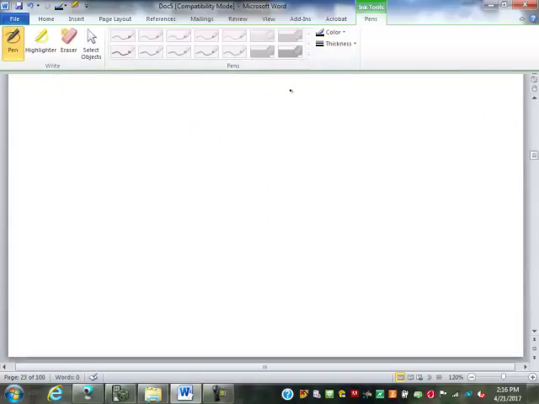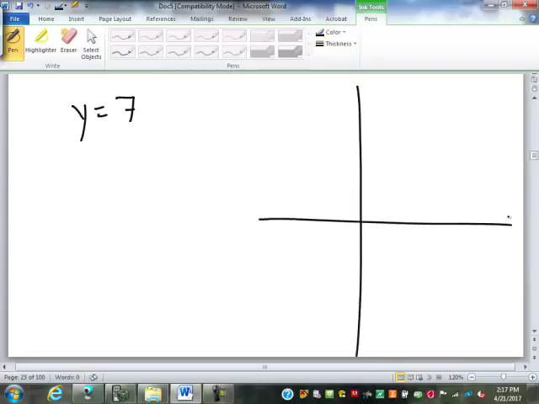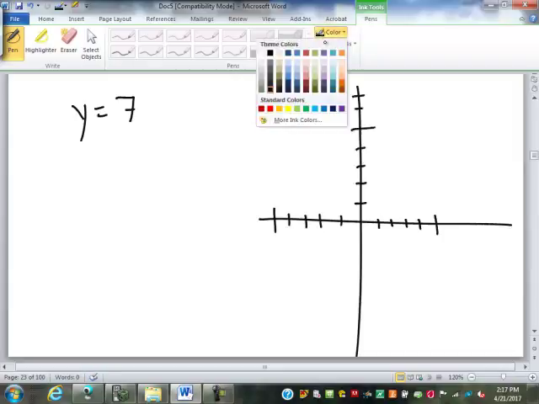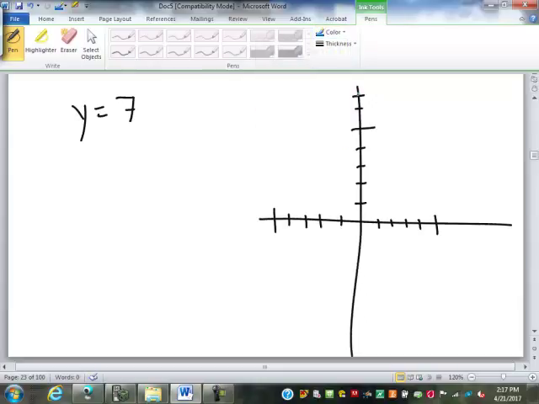So now let's do a little bit of review of graphing single lines for a second. How would I graph y equals 7? You go 0, 7. Okay, yep. At 0, 7, there's a point there.